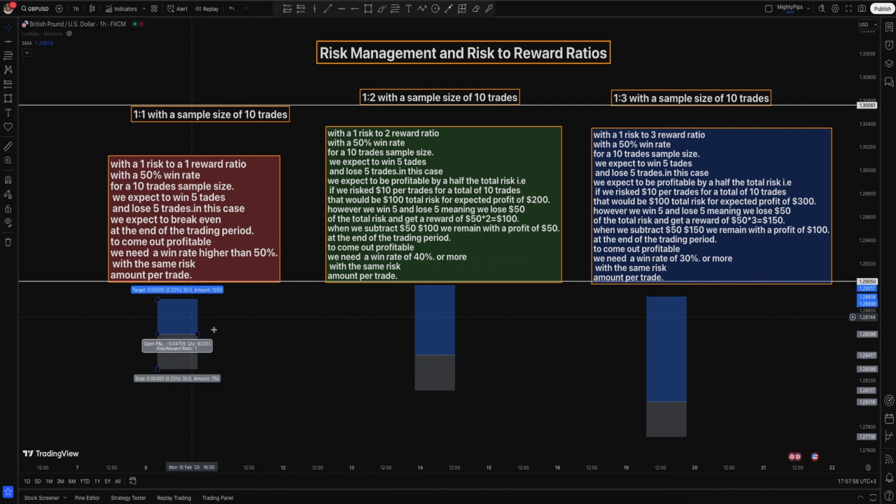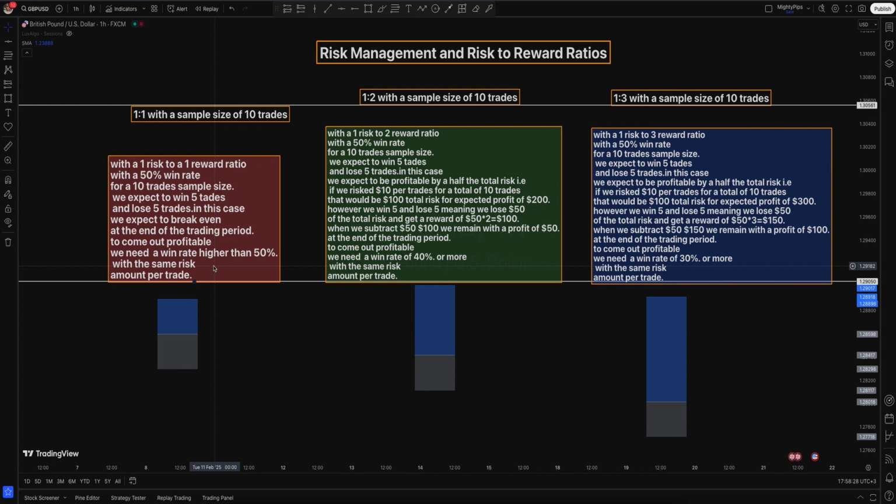Now, I want you to see how the risk to reward ratios impact your profitability. Okay? So if you're using a 1-to-1 risk to reward ratio, and you take a sample size of 10 trades, and you win 5 and lose 5, it means at the end of the trading period, you are going to come out break even or even with some loss on your account, because you're going to be paying fees like commissions, swap fees, and the spread.